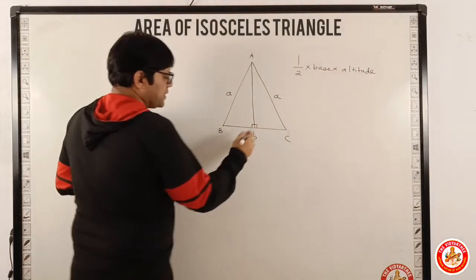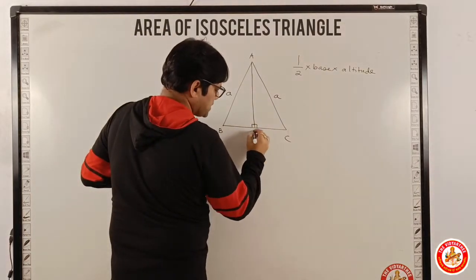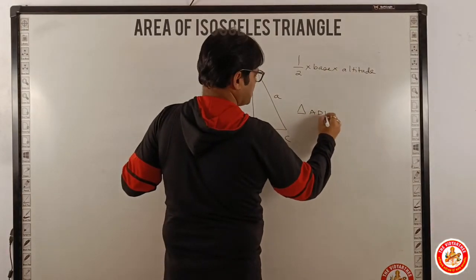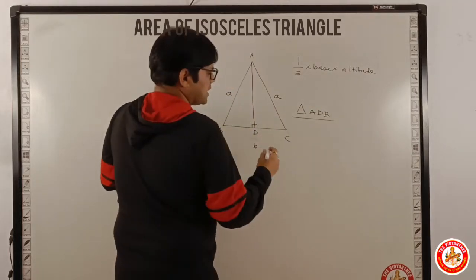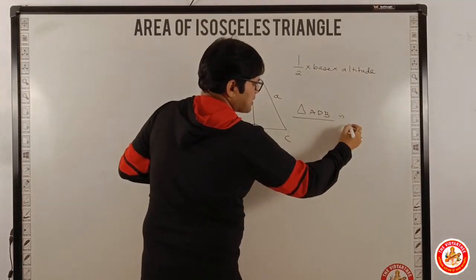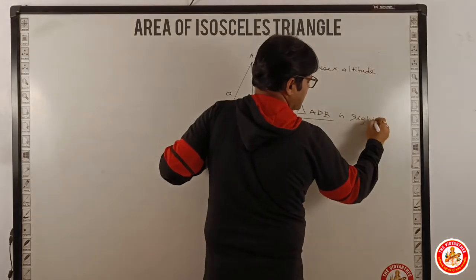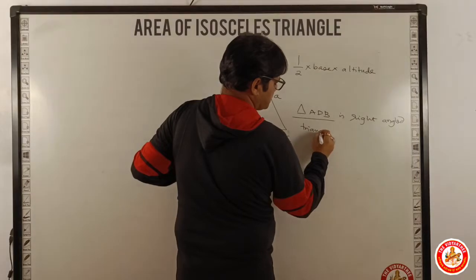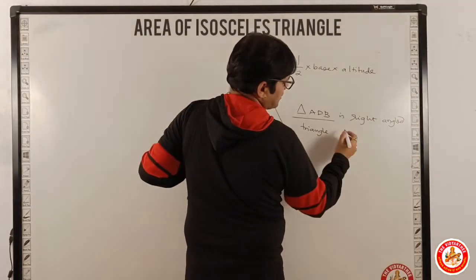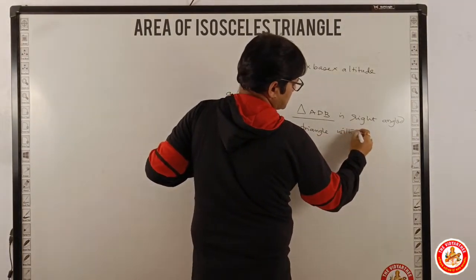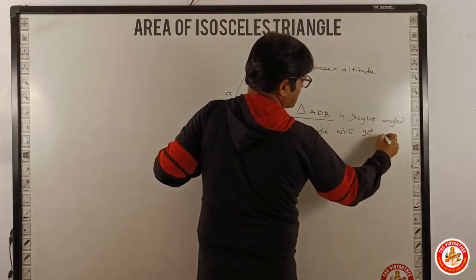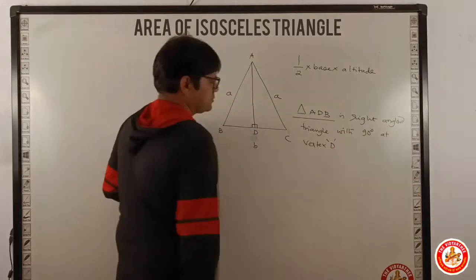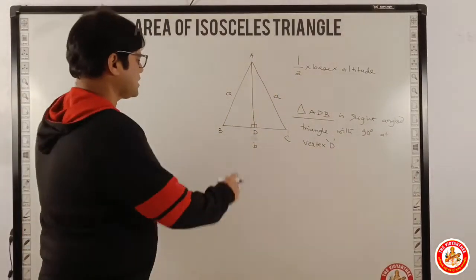Now you can see if this point is D, then triangle ADB is a right angled triangle with 90 degree at the vertex D. So you can see very clearly this is a right angle triangle.